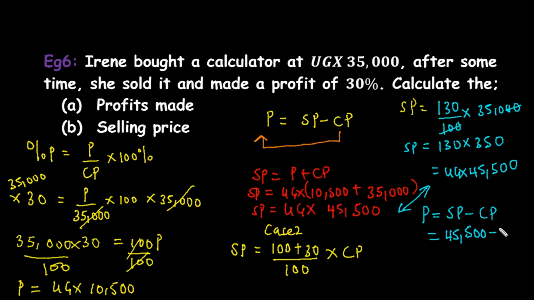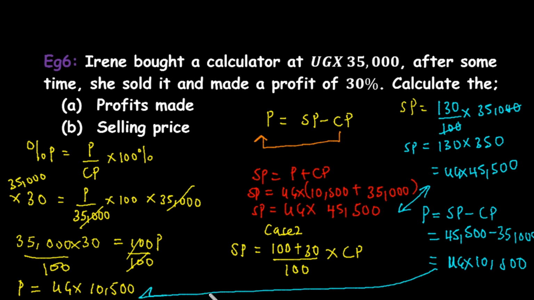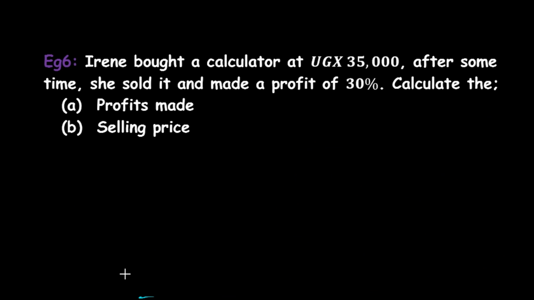The cost price is 35,000, and the difference is 10,500, which is the same as that one. Therefore, it is upon you to pick the formula or the method which is easier for you, and you get the required solutions. The last example.